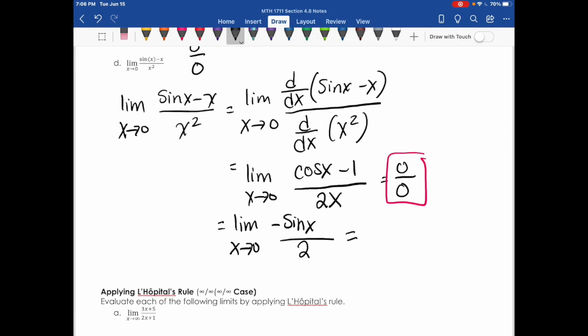Now when I plug in and try direct substitution and limit laws here, I plug in 0 and I get 0 over 2, which is 0. So this is a really good example of where you can use L'Hopital's rule more than once. You just have to make sure that you can apply it a second time by making sure that you're getting one of those two indeterminate forms.